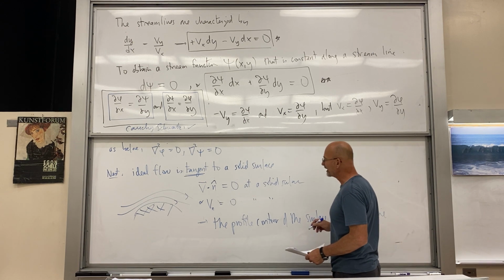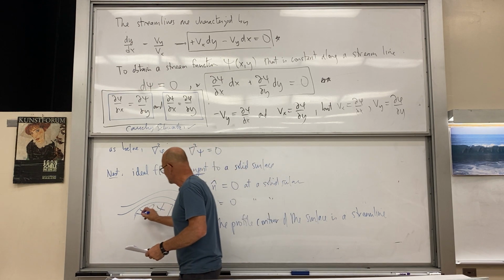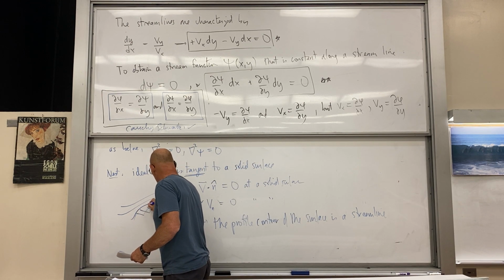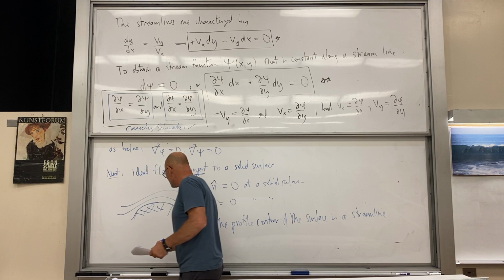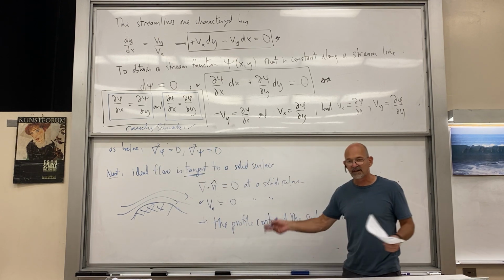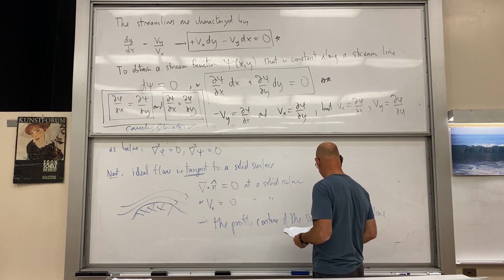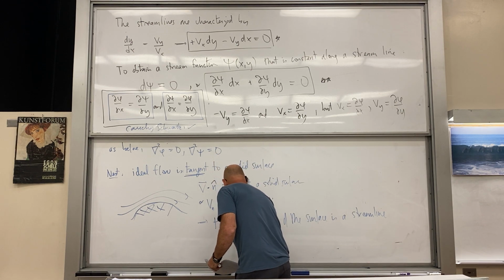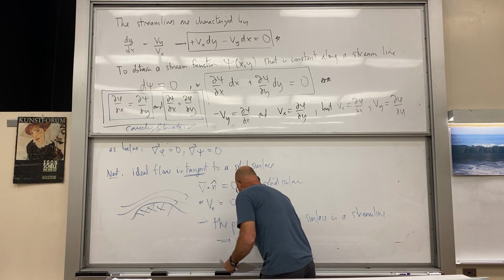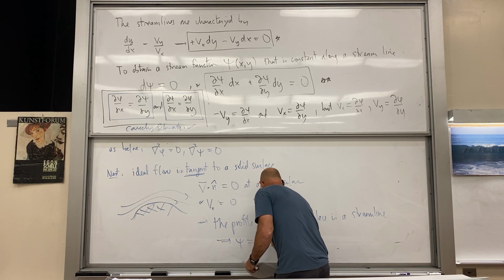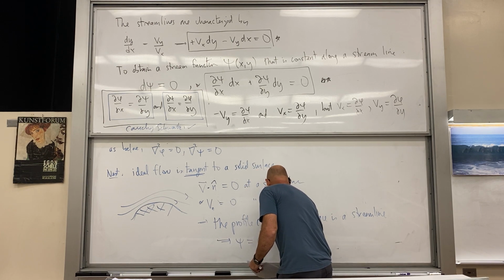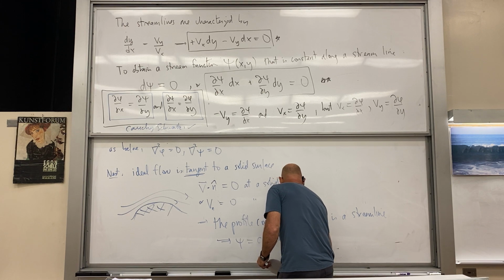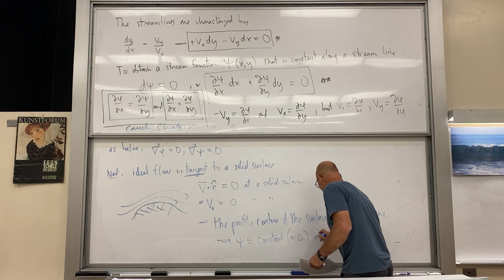In other words, our stream function takes on a certain value of a constant at one of these surfaces, and if it's a constant, we can let the constant be equal to 0. So this means C equals constant. If you want, you can choose the constant equals 0 at a surface.